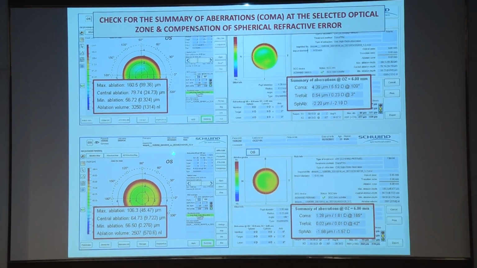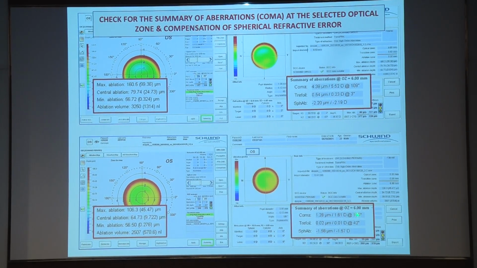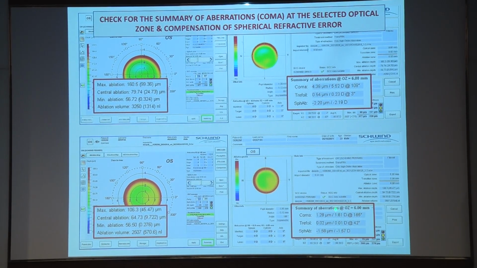Because it doesn't understand that there is a lens which has taken off 90% of the coma and 50% of the spherical aberration. So beautifully, these values get adjusted to this one which is lower here.